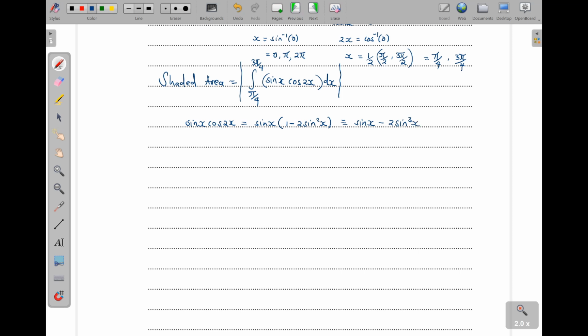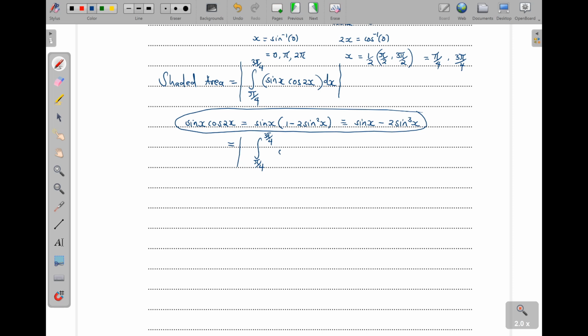Okay, now that means that our area here is going to be equal to this one. Let me first pull it off. Our area is going to be equal to the integral from pi over 4 to 3 pi over 4.